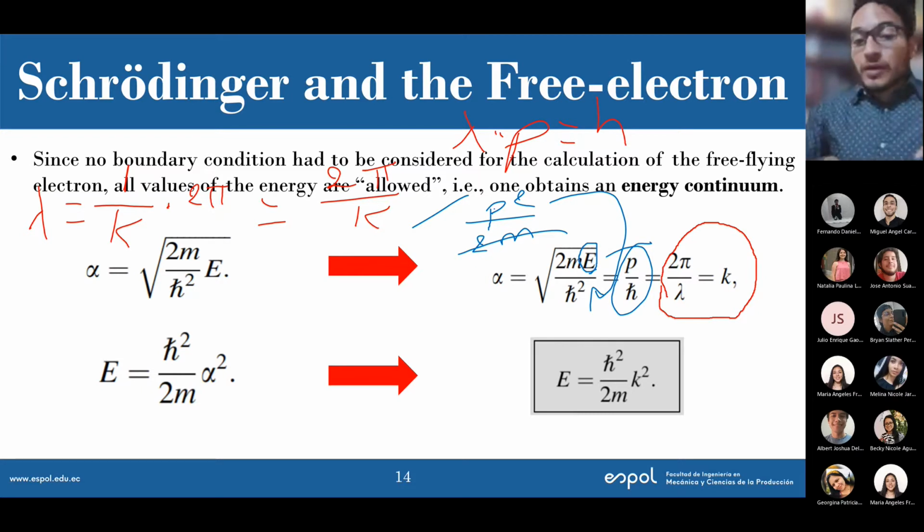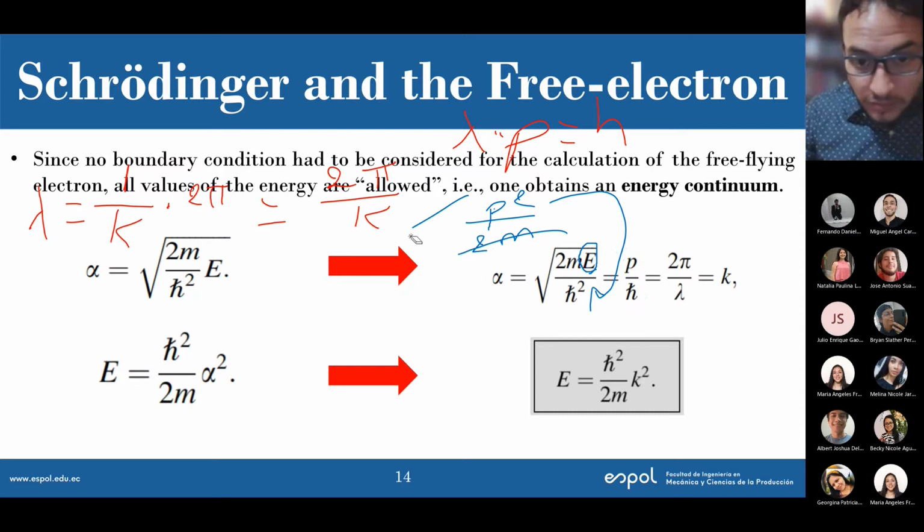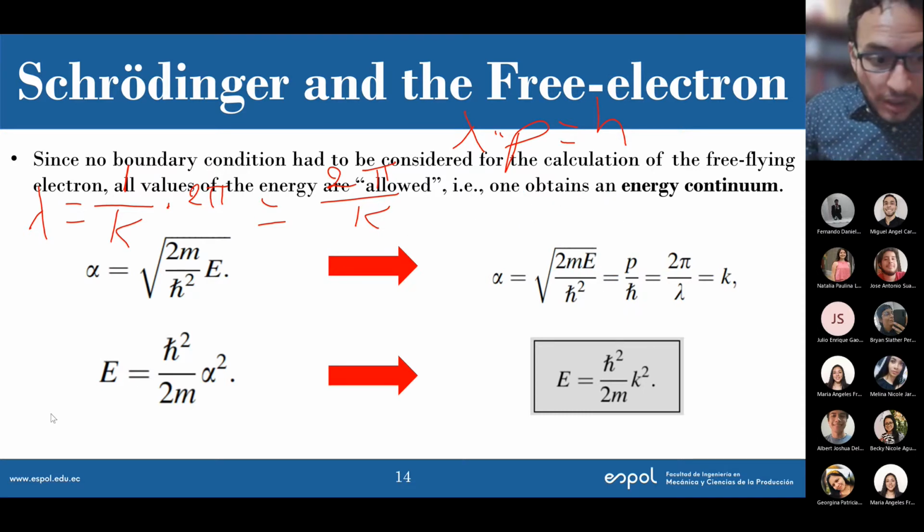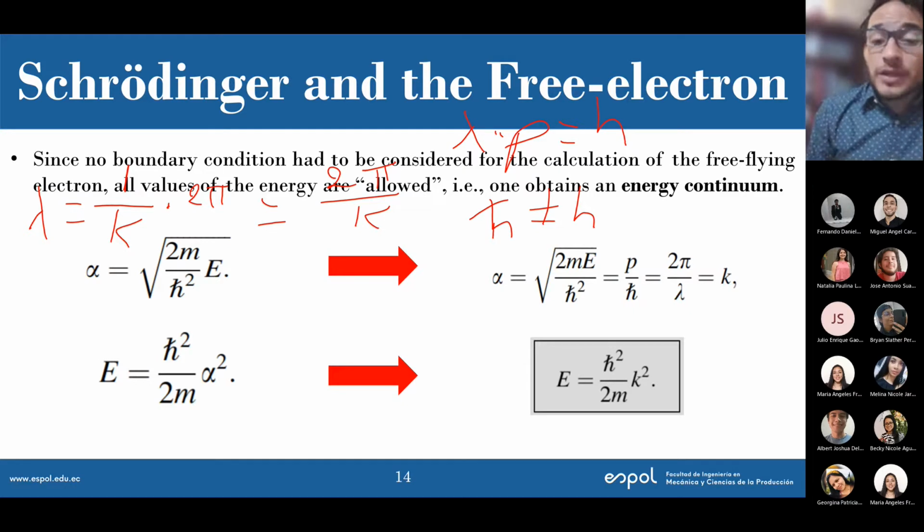But if you remember, let me delete this now. What I said is that this symbol here is not equal to the Planck's constant, but it is actually equal to what?